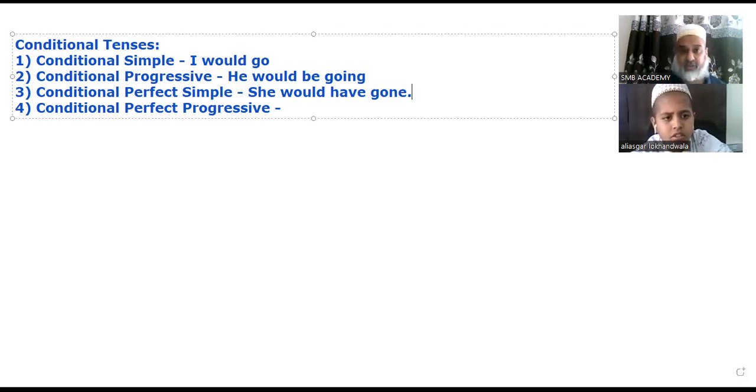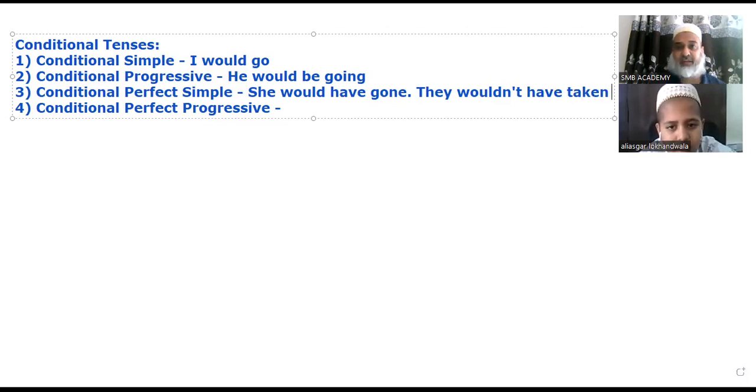So let us suppose we take a negative sentence. They wouldn't do that. No, they wouldn't do that. They wouldn't have taken that.